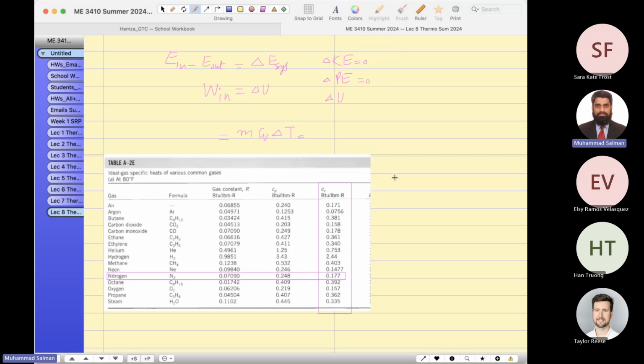But mass we do not know, but we can find the mass from the gas equation. The R value is 0.071, but this is in BTU. So I'm going to use the other table for nitrogen.